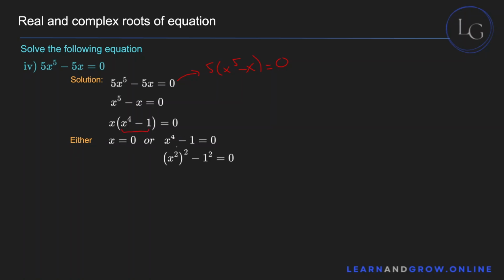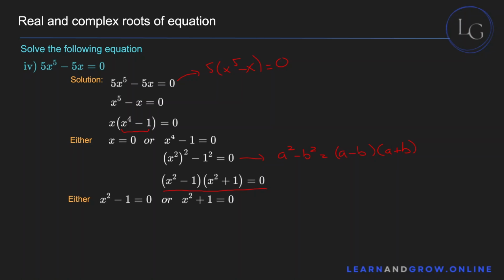Now, this is a further simplification of this equation. As you know, we'll apply this particular formula, that a square minus b square is equal to a minus b into a plus b. Once this is applied, you get this equation.